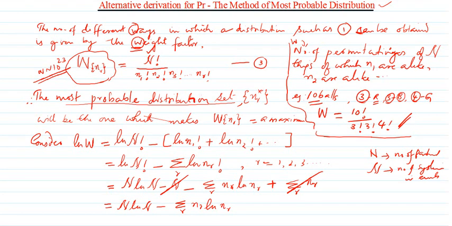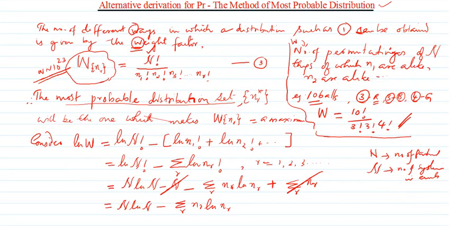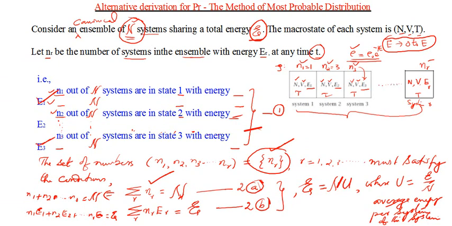We have seen that the maximization should follow two constraint equations given by equation 2a and 2b. Sum over r of nr should be equal to n, which is 2a.